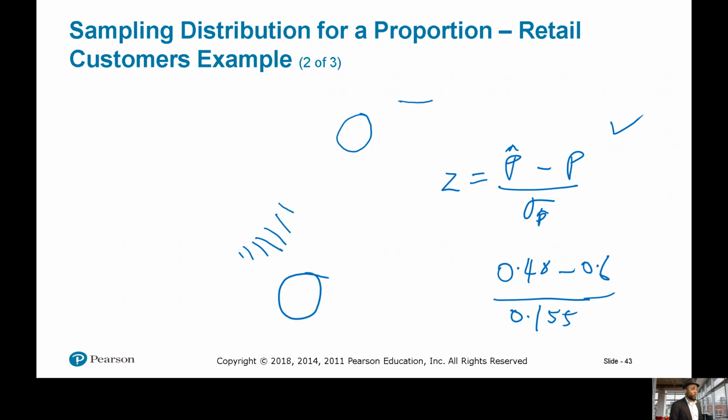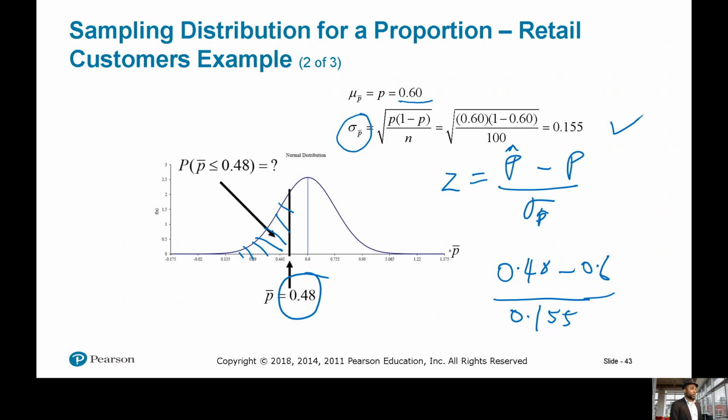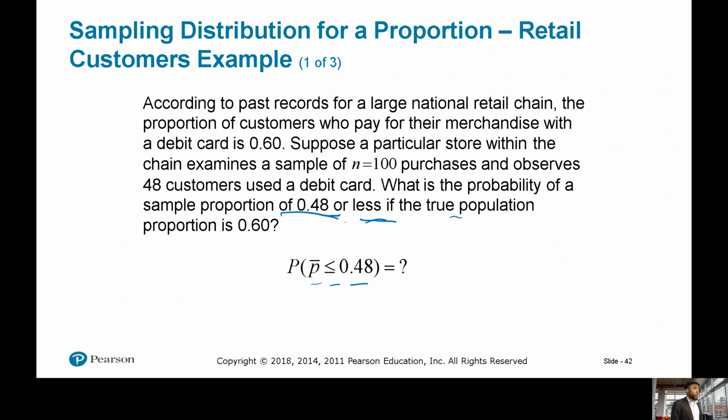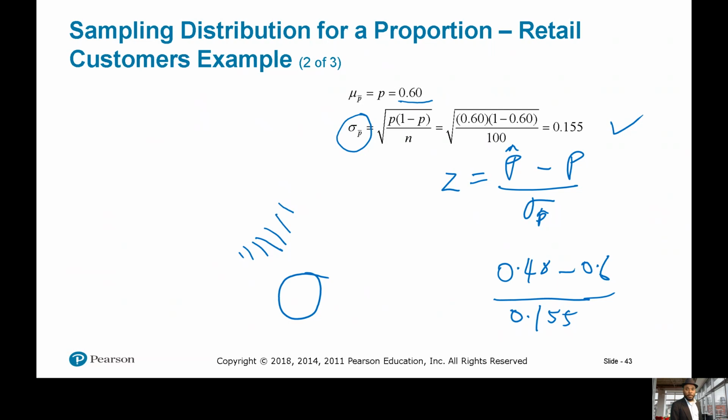All right. So if you recall, we got that z is p hat minus p. We have to find the probability that p hat is less than or equal to 0.48.